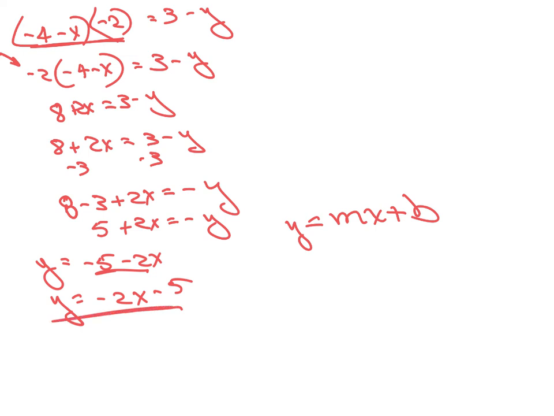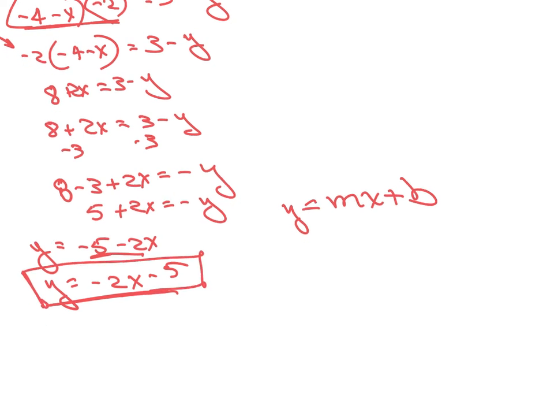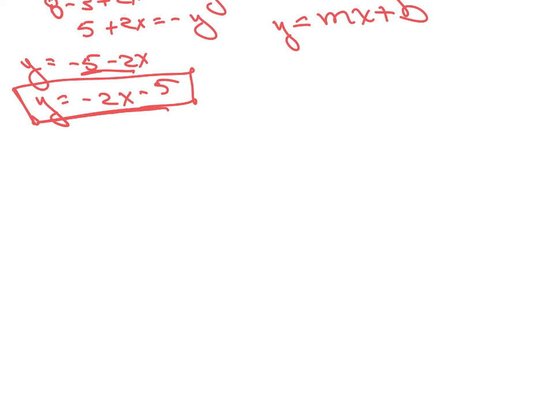So it said find the equation of the line, write the answer in slope-intercept form, which is what I did. And so let's go ahead and practice just one time here. Again, just practice graphing this. So it crosses at -5. So there's where my line crosses. And my slope is -2 over 1.